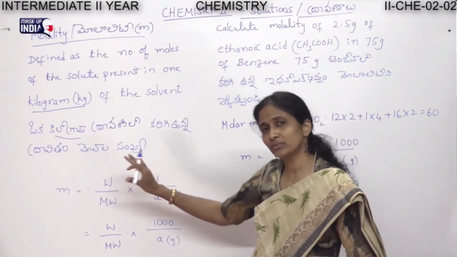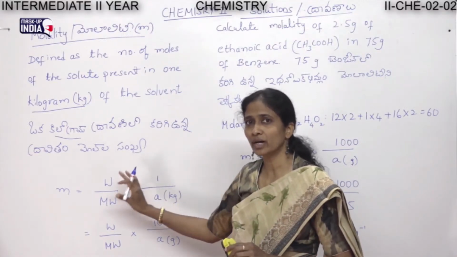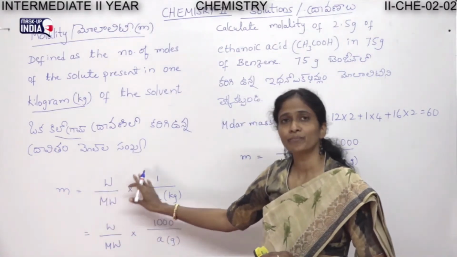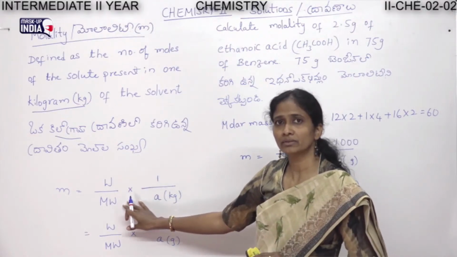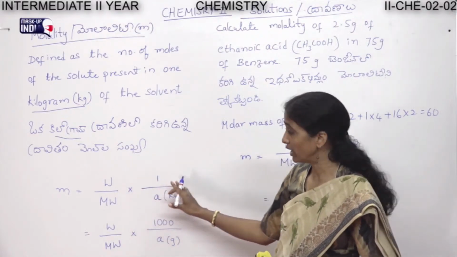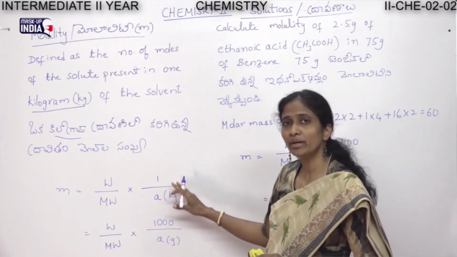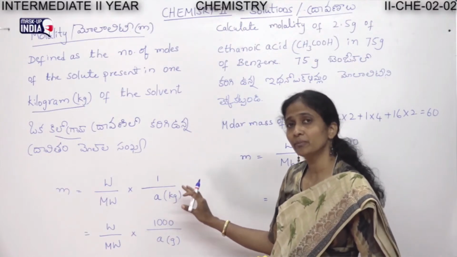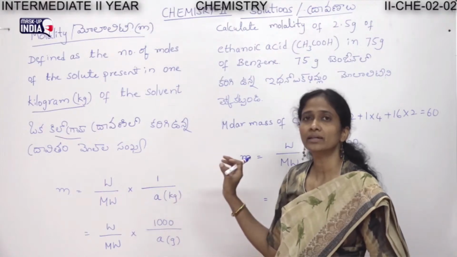Let us throw some light on the molarity formula. What is the molarity formula? Capital M equals W, that is weight, by molecular weight into 1 by V in liters, or 1000 by V in milliliters.